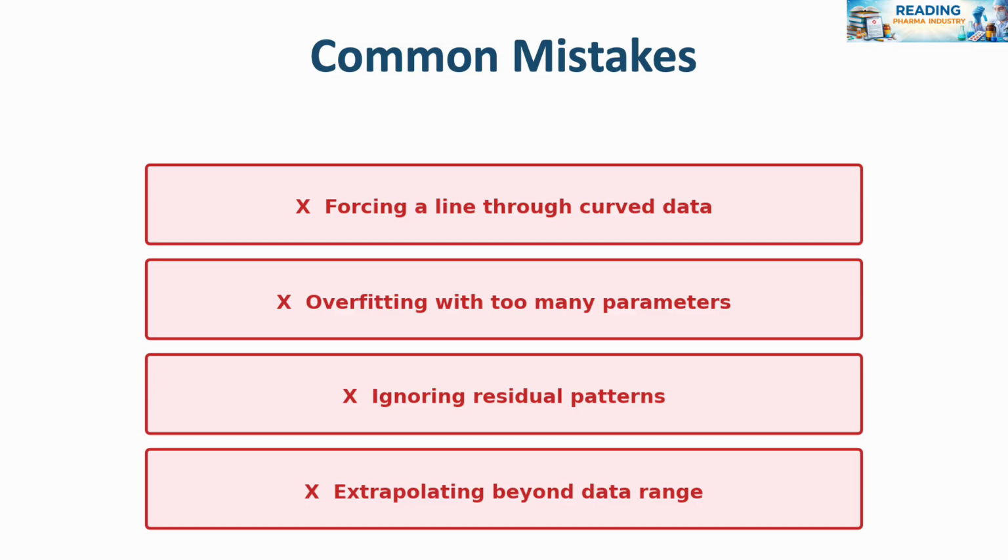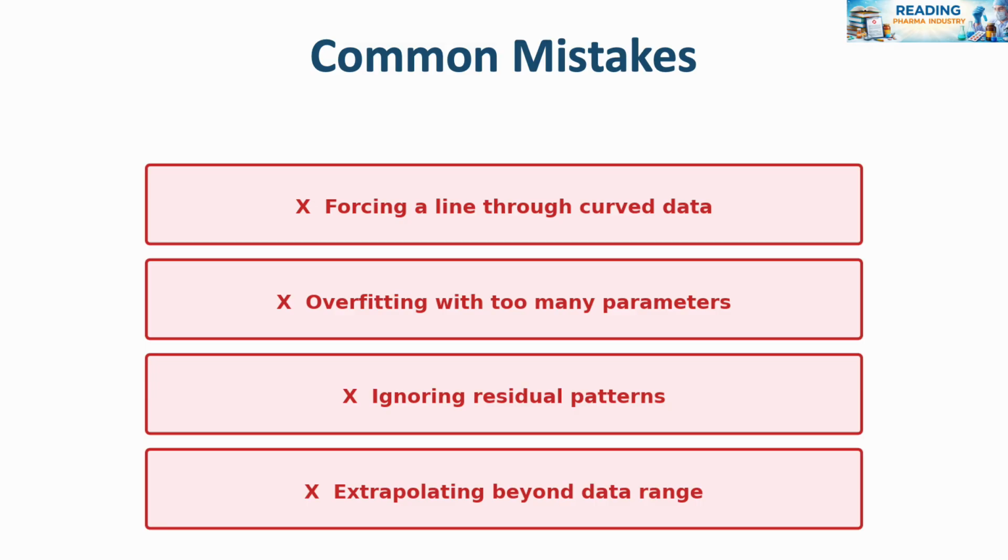So it's wrong. The other thing that can happen is ignoring outliers, so the odd points basically. So one bad point can skew your entire fit. So it will have a big impact on your fitting.